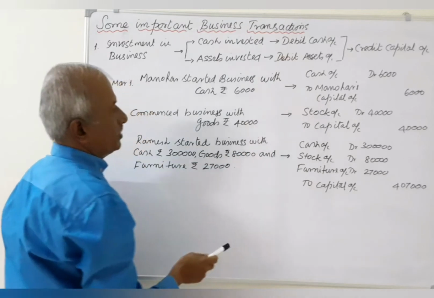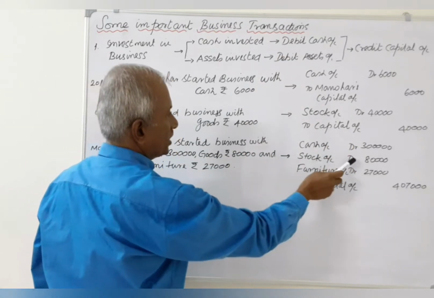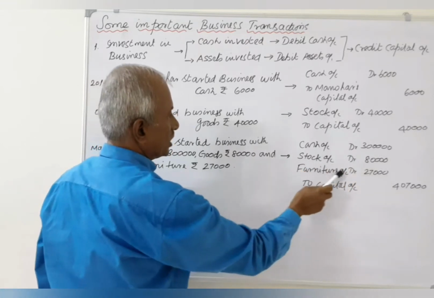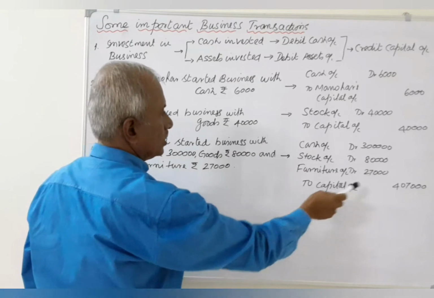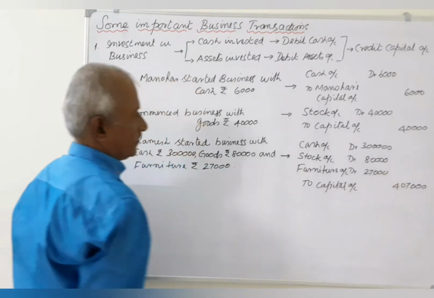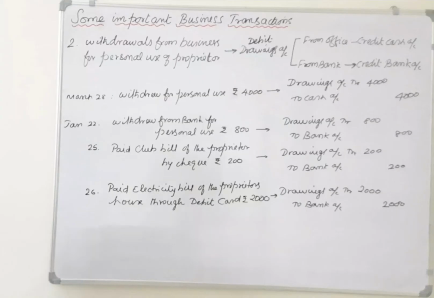All assets should be debited. So cash account debtor 3 lakhs, stock account debtor 80,000, furniture account debtor 27,000 to capital account 4,07,000. Total of all the assets.